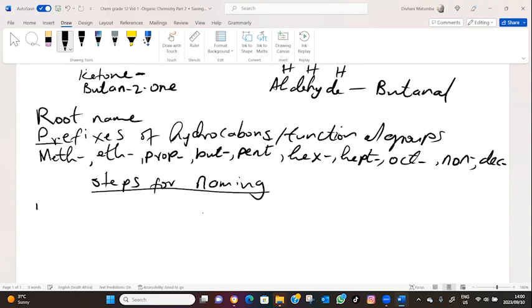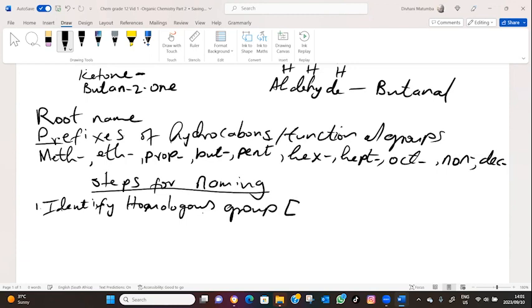Number 1, identify the homologous group. Now, how do you do that?